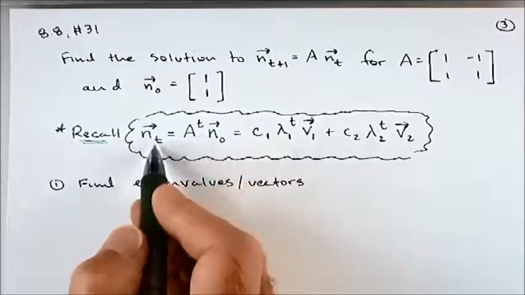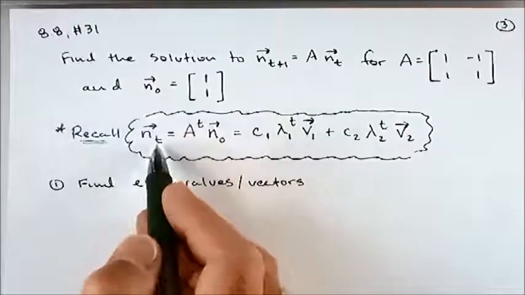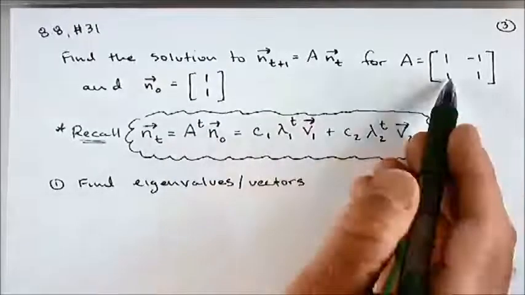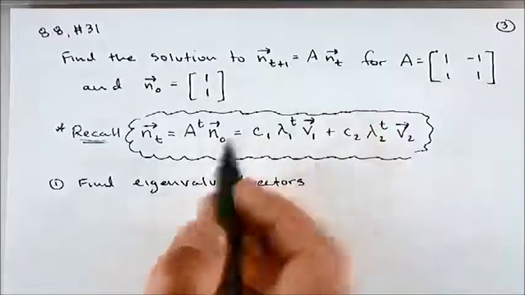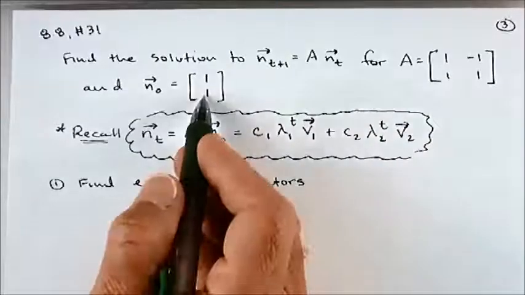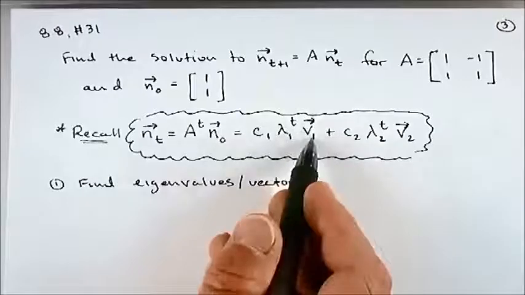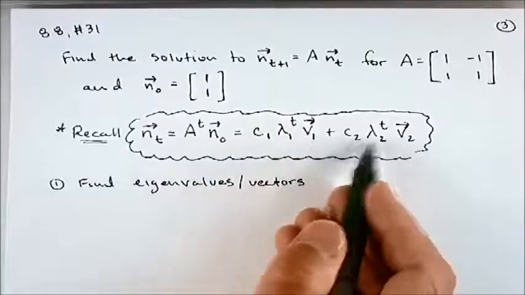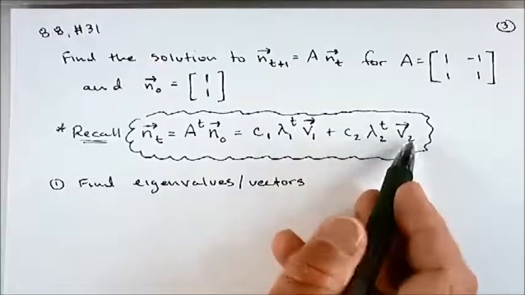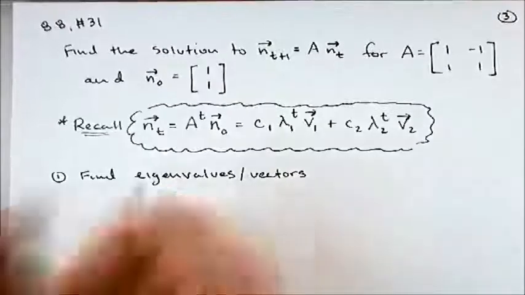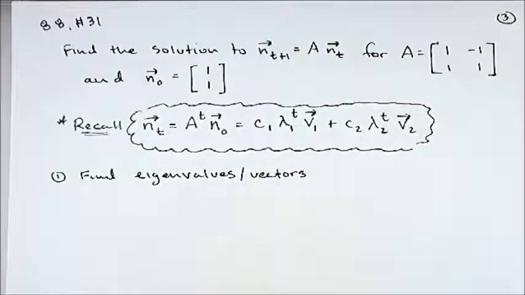Your solution for the population at any time t is going to be taking this matrix to the t power times your initial population size. And we know the formula for that is C1 lambda 1 to the t times its eigenvector plus C2 lambda 2 to the t times its eigenvector. So step number 1, let's find our eigenvalues.